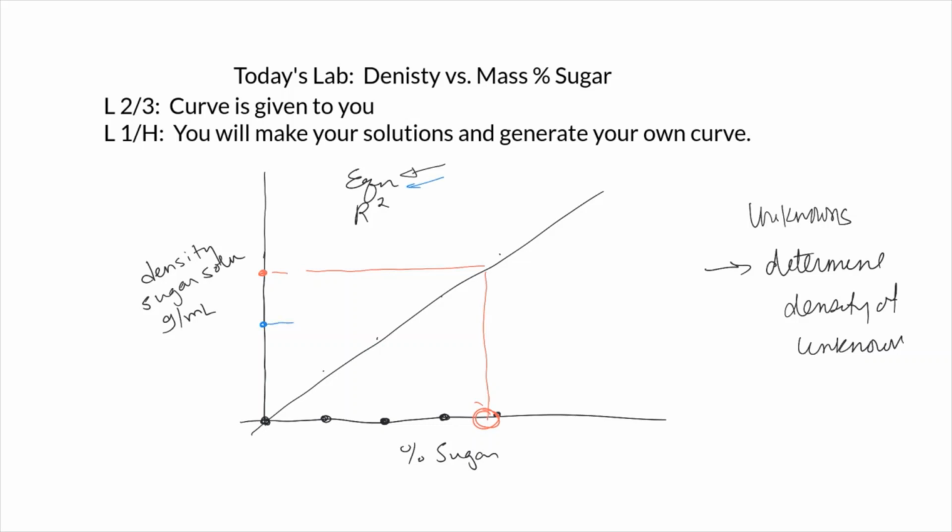Use your equation, or use your graph, come across, come down, read the value off your graph. So the purpose of today is to either use the calibration curve that's given to you or the calibration curve that you've generated in the lab to tell me what the percent sugar is in two unknown solutions.